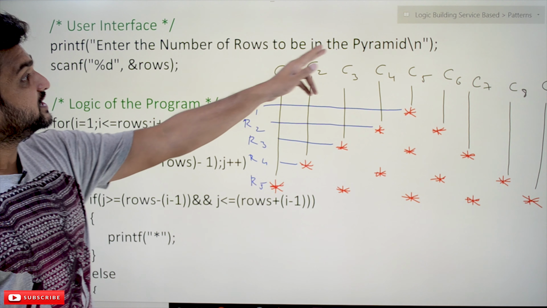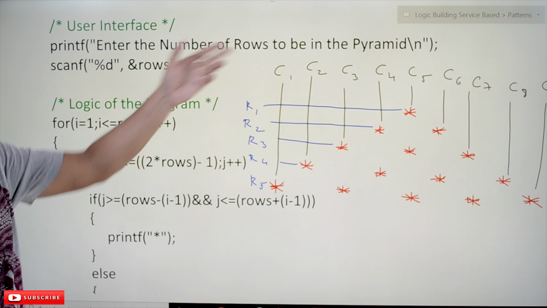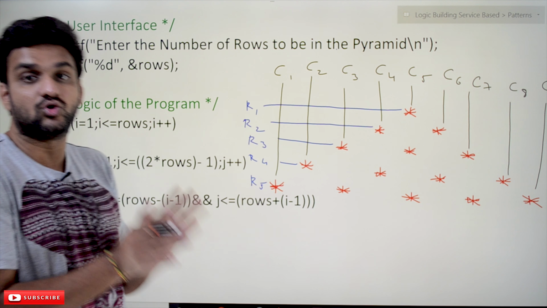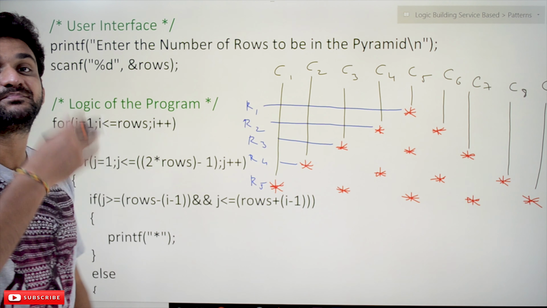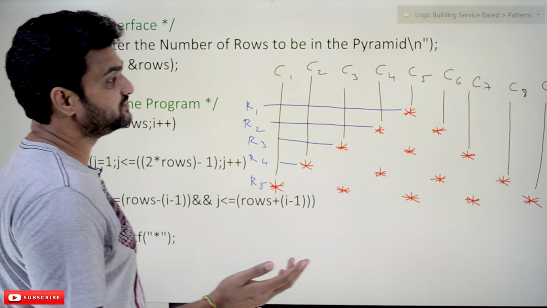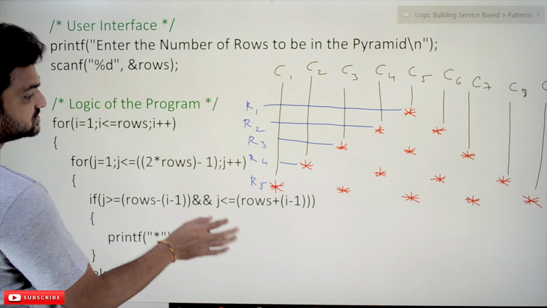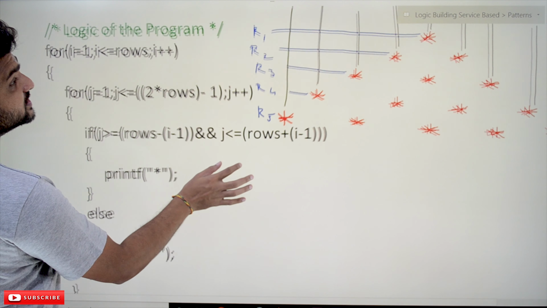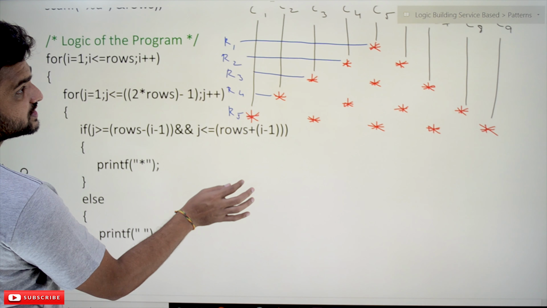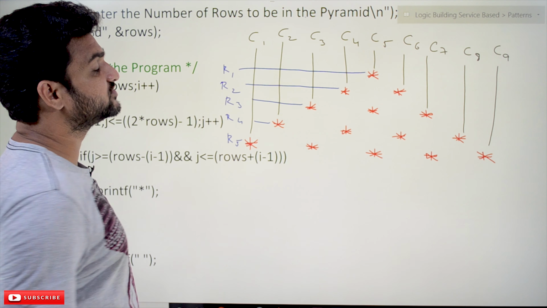Here in the user interface, he is going to give the number of rows to be printed. That value will get stored in a variable called rows. Based upon this, the pyramid will get constructed. All these discussions have already been made, but we are discussing them here again as a little recap. This is the pyramid that we would like to construct.